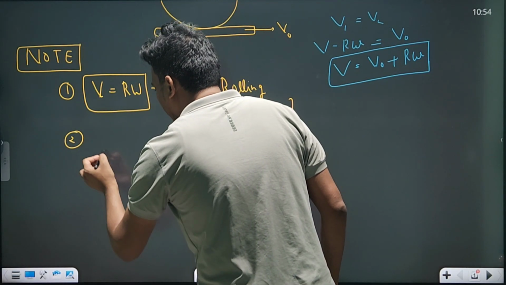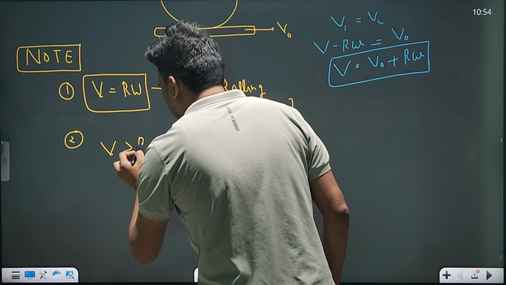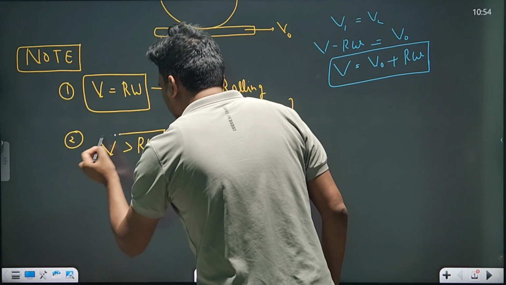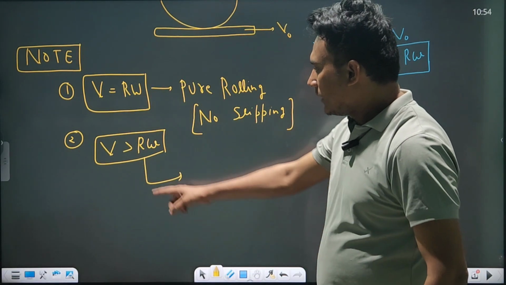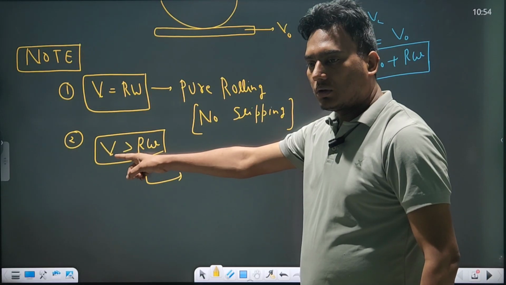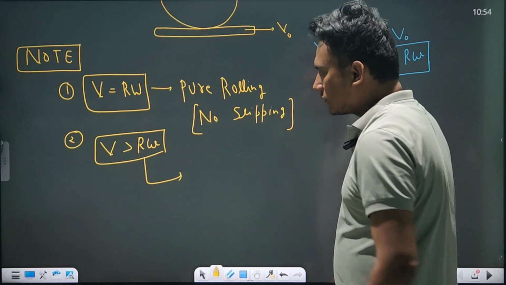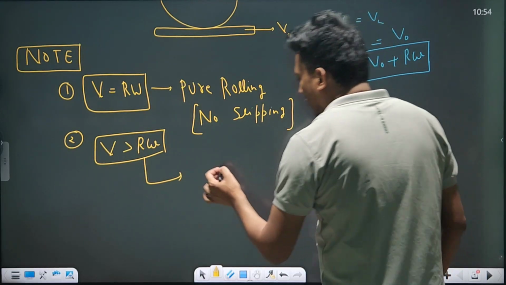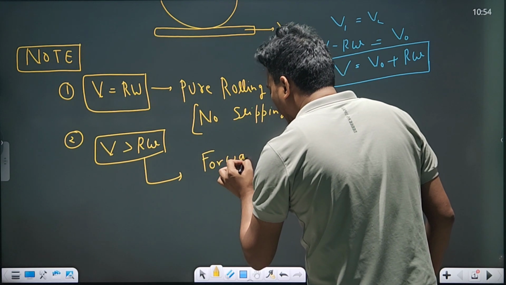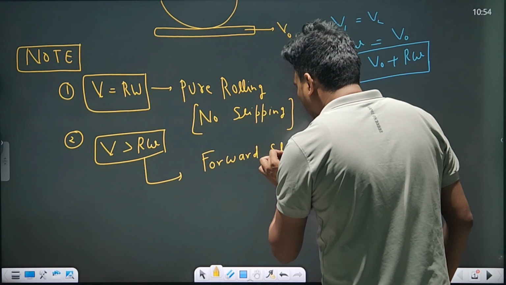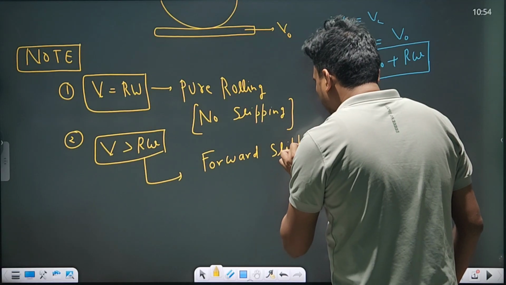If linear speed is greater as compared to R omega, if this happens, we can see here, if V greater than R omega, then linear speed is more and rotating speed is less. So this is called forward slipping.